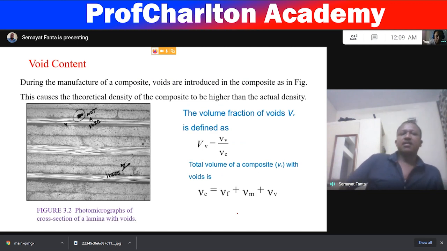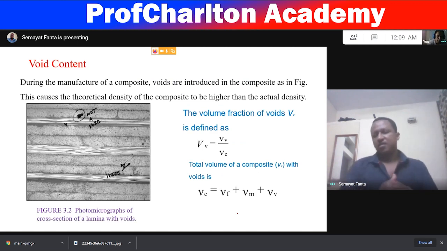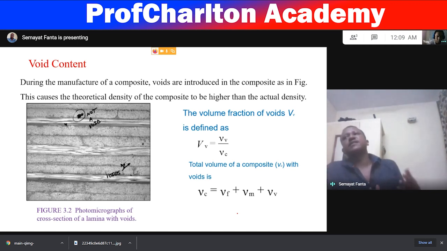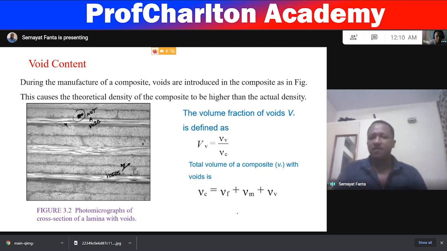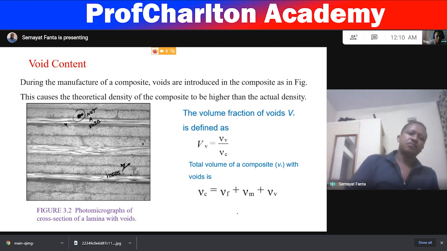Another thing is the void. A void is a coherent defect in a composite. We consider there are a number of defects, and void is one. Different types of voids happen because of manufacturing imperfections, some deficiency in the manufacturing process in general.